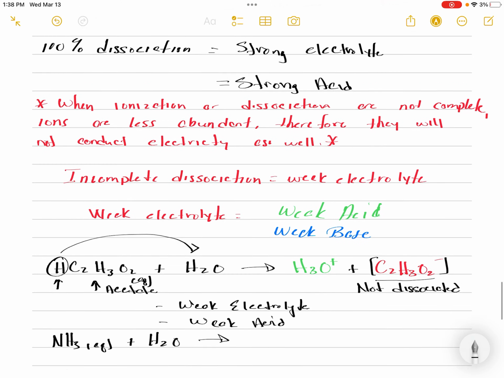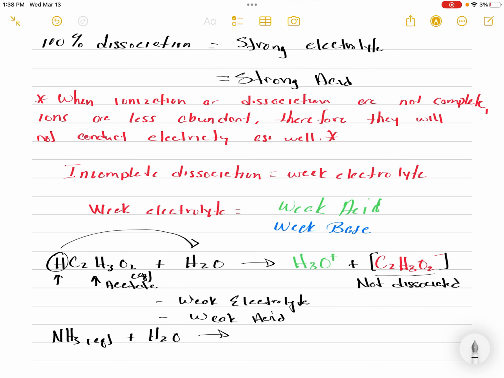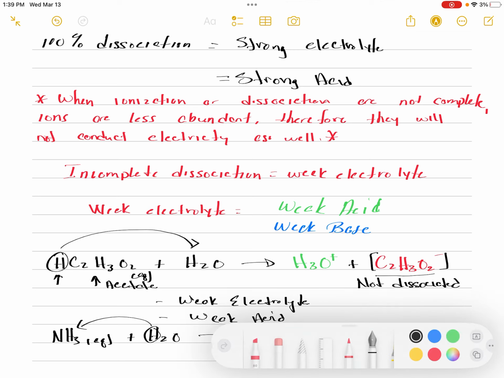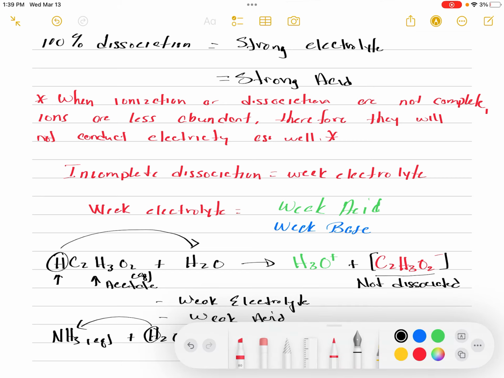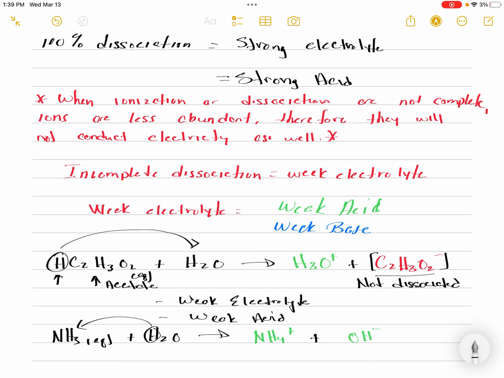Same thing happens with NH3, right? In this situation, the water is actually going to move its hydrogen over this way. In this case, water is behaving more like an acid. So what's going to form is NH4, which is the ammonium ion, and then you're going to be left with OH, because now you've taken away one of those hydrogens.